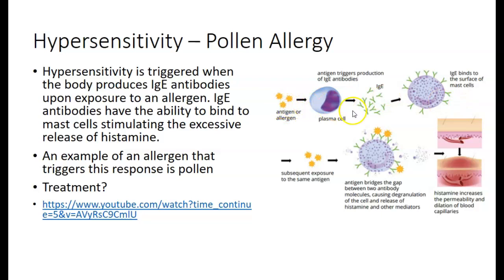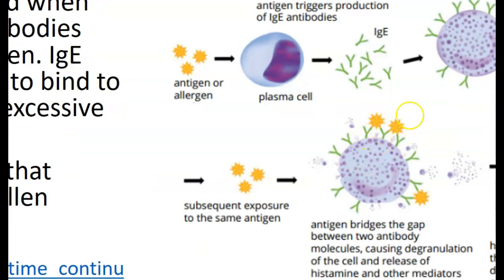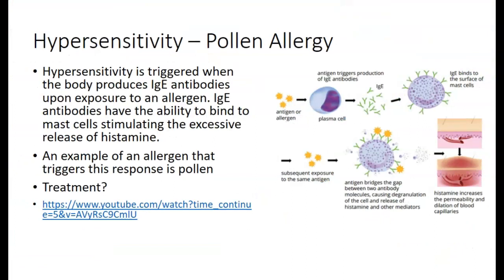So the first time around, we produce these IgE antibodies. The IgE antibodies stick to the surface of the mast cells. The second time we have that pollen enter the system, and I think this is important, so I'll just point it out, the pollen needs to bind to two recognition sites, so to two separate antibodies, for this to have an effect. So once the pollen is bound to two antibodies, the mast cell is triggered to produce lots of histamine. What does histamine do?